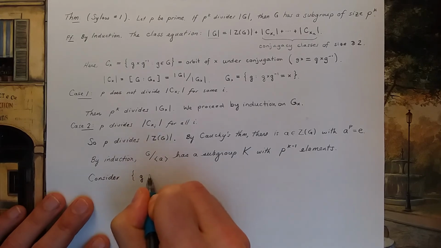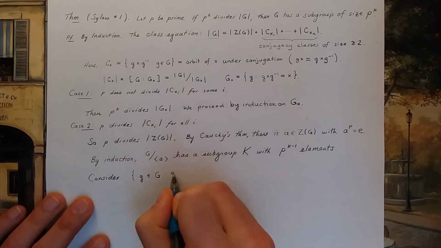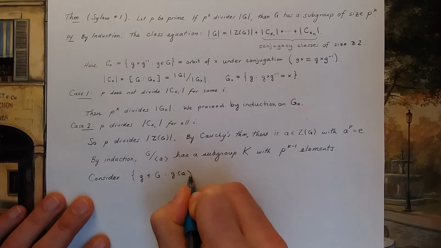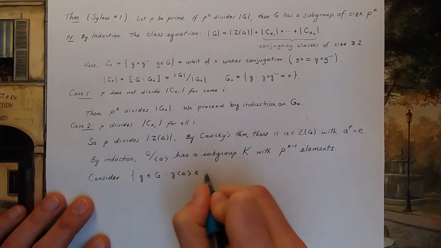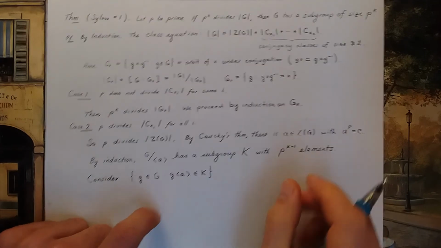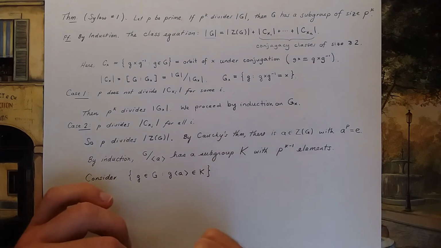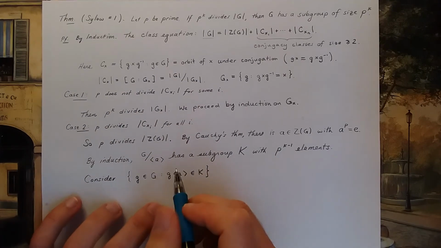I'm going to look at all group elements g in G such that gA is in K. This is actually a subgroup of G. I can prove that in a slick way for you.